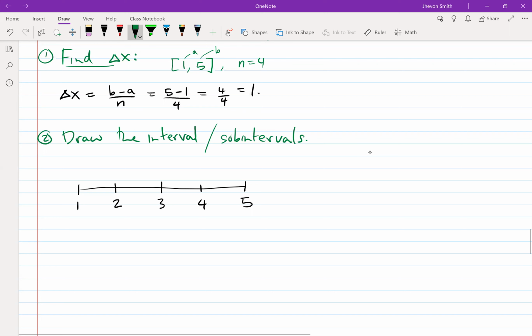In other words, every time I'm going from one to the other, I'm adding delta x. And then to get to the next one, I add delta x. Then to get to the next one, I add delta x. And to get to the next one, I add delta x, right? Because the length of each of these is delta x. Okay. So now what I'm going to do is pick the necessary numbers.